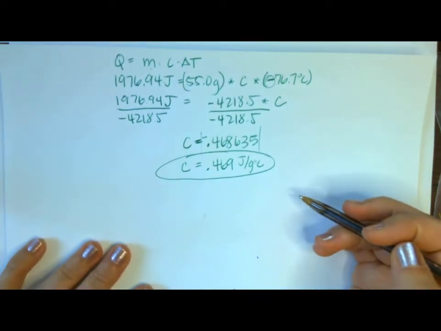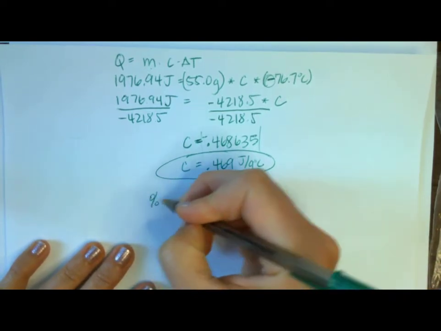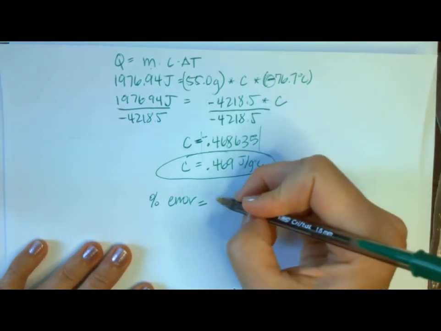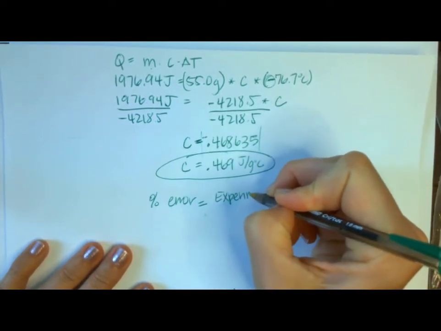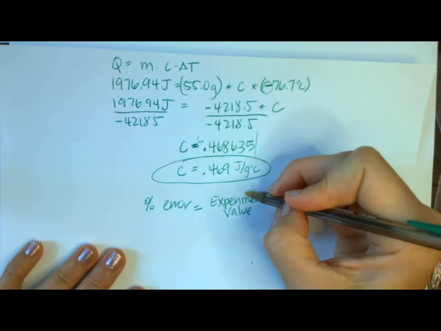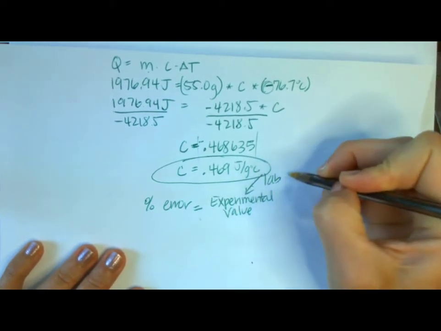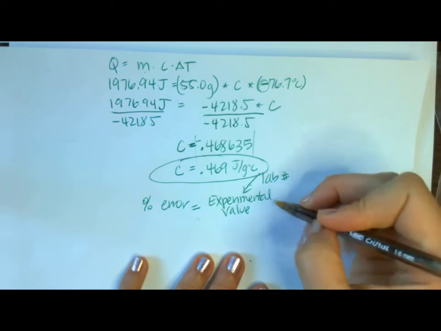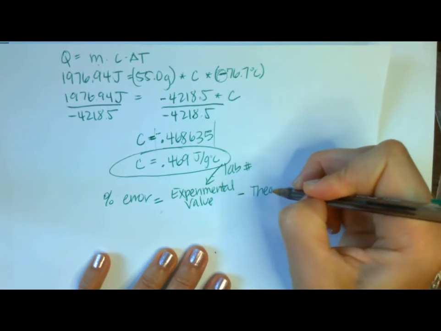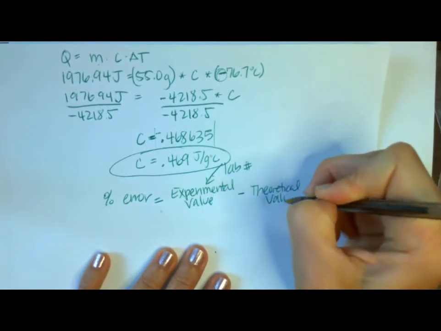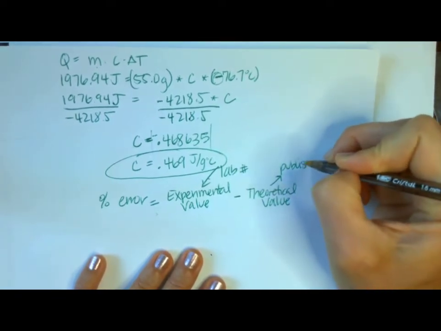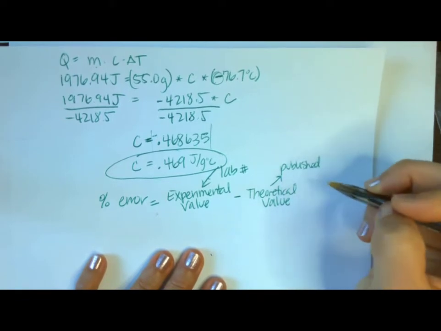So we can then figure out our percent error. And to do this, you take your experimental value, which is what we found in the lab, our lab number, and we subtract the theoretical value, which is the published value, like what it tells you in the book or what it tells you on a chart.